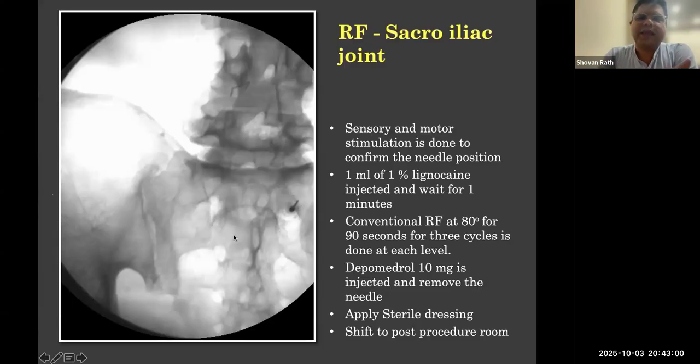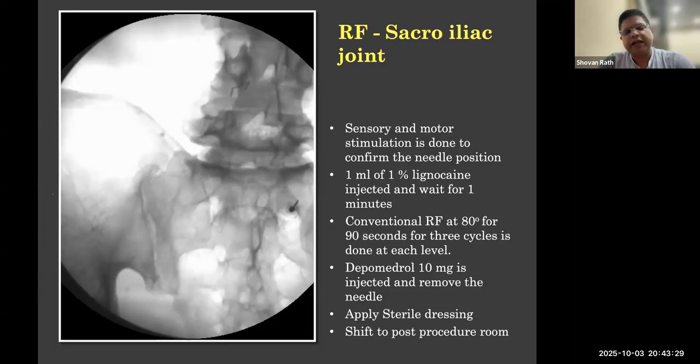So first, again, the radiofrequency ablation procedure is almost, as I said, similar in all portions. Normally, after putting the needle, we go for a sensory stimulation, then a motor stimulation. If the motor is negative, then we go for radiofrequency ablation, particularly for this kind of median branch, or these are basically the dorsal roots that we normally use.